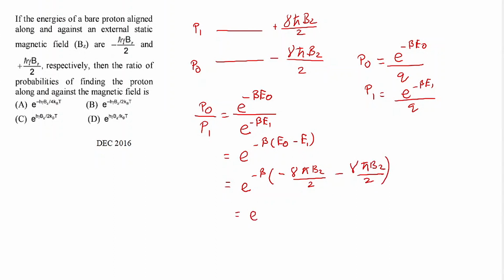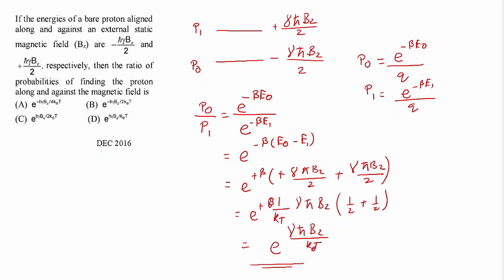Multiplying the minus sign over here, this will become plus and this will also become plus, and beta I can write as 1 upon kT. So if I take gamma h cut Bz common, we will have 1 by 2 plus 1 by 2, and this will become 1, so we will have e raised to gamma h cut Bz upon kBT.